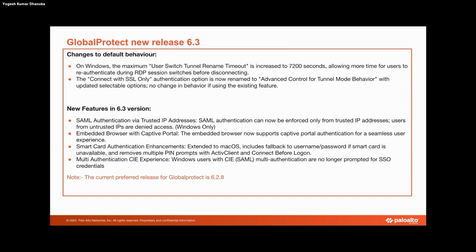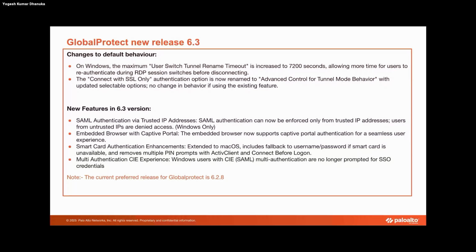That's mostly beneficial for RDP sessions, where you don't want the tunnel to be renamed once an RDP user logs into the system. The GP would generally identify that username and try to rename the tunnel, and if it's not required, then that could cause disconnection. So you can have a longer timeout.